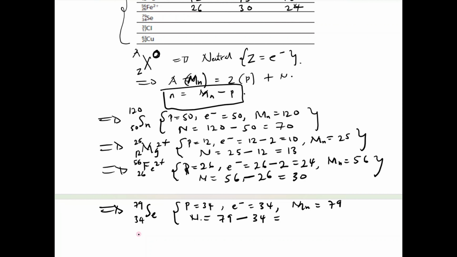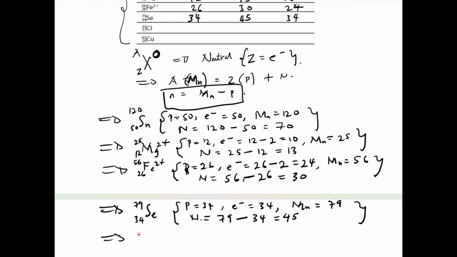So selenium will have 45 neutrons. Let's fill it up. The proton number is 34, while the neutron number is 45, and the electron number is also 34.